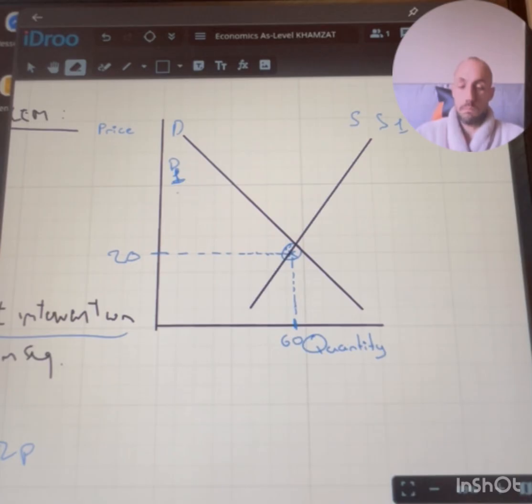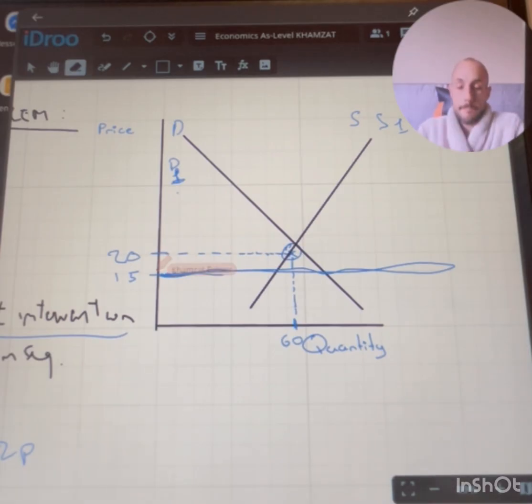15. So it'd be something like this. Not higher than that. Quantity demanded at 15 is 60. No. Well, we calculated it, no?